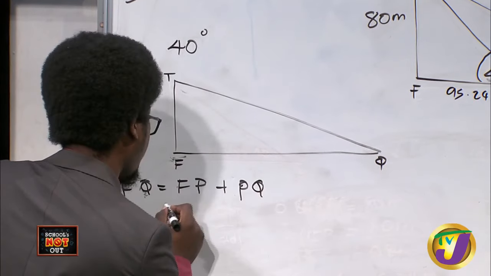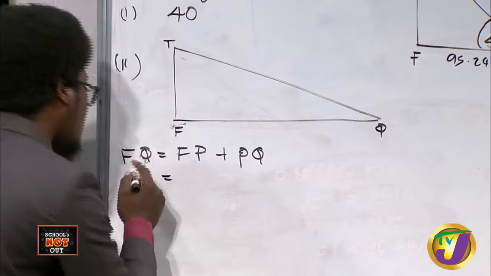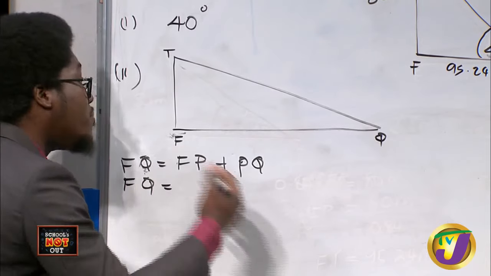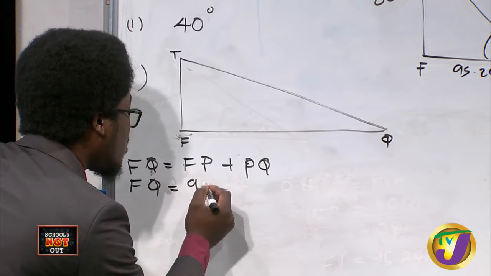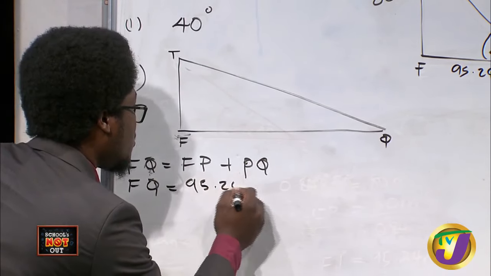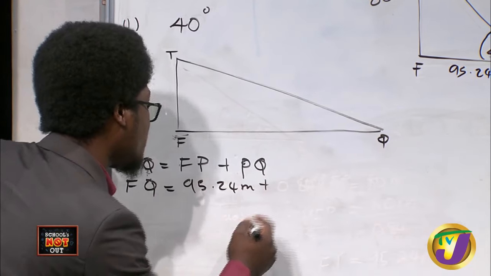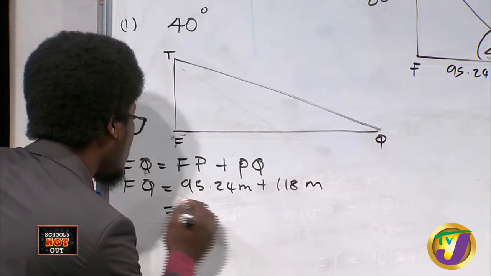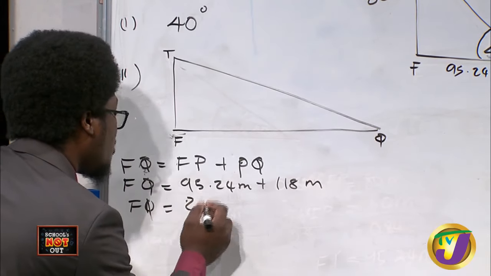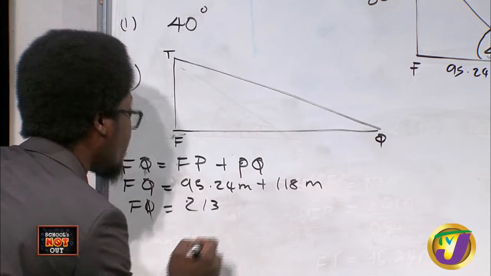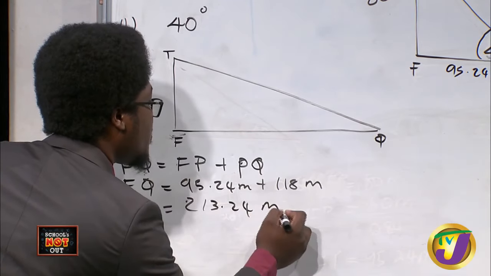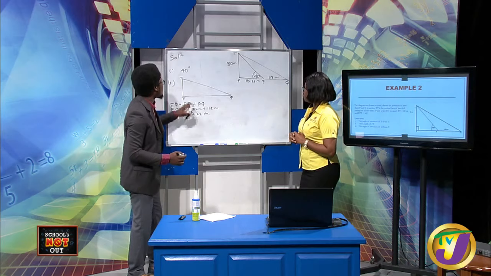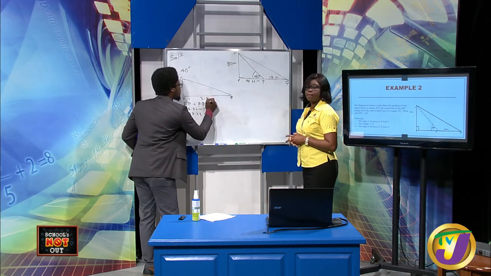And if you notice, I am always writing on both sides of the equation: 24 meters, and this is going to be 118 meters, and that gives us a sum of 213.24 meters.